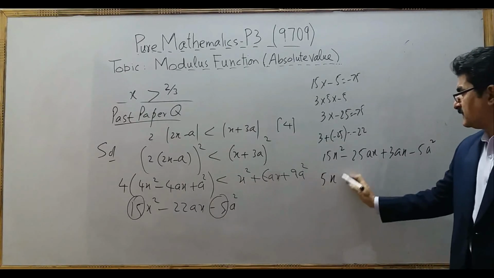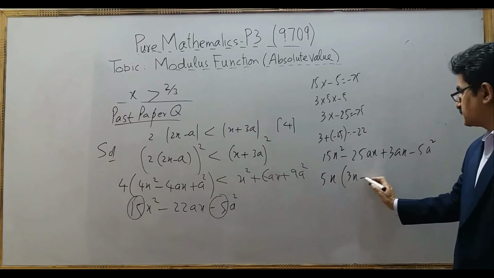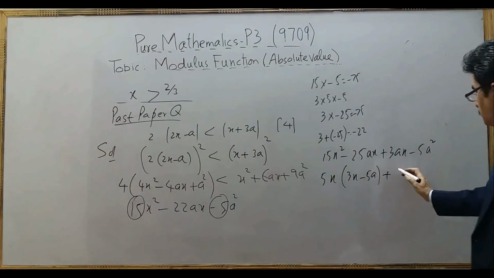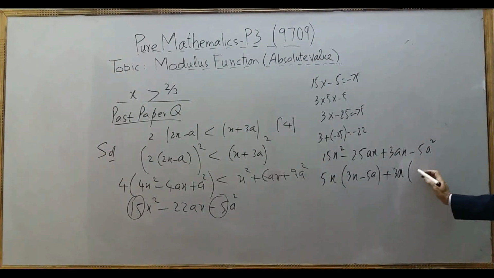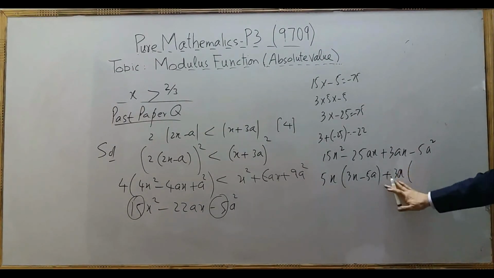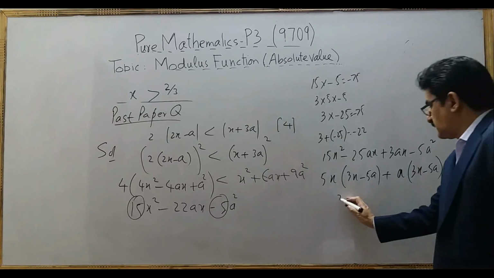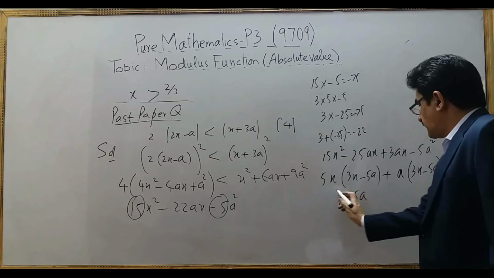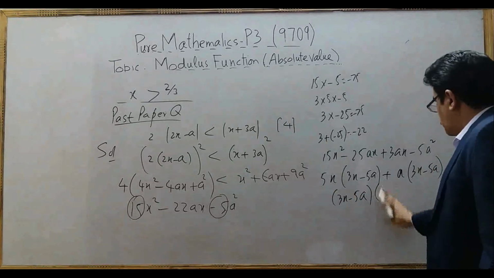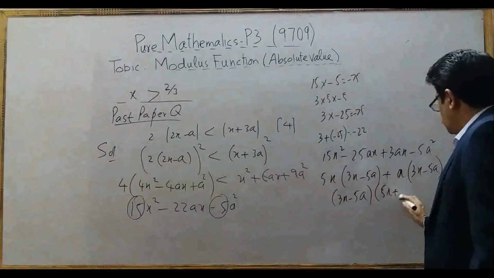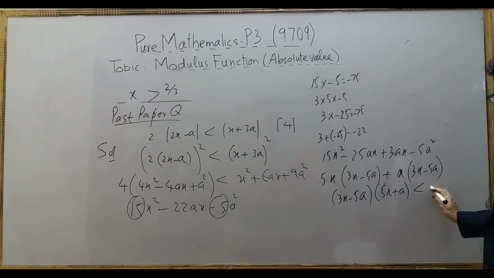So this is now 5x, you have 3x minus 5a, from where you have a common, and you have 3x minus 5a. So we will have (3x minus 5a)(5x plus a), and which is less than 0.